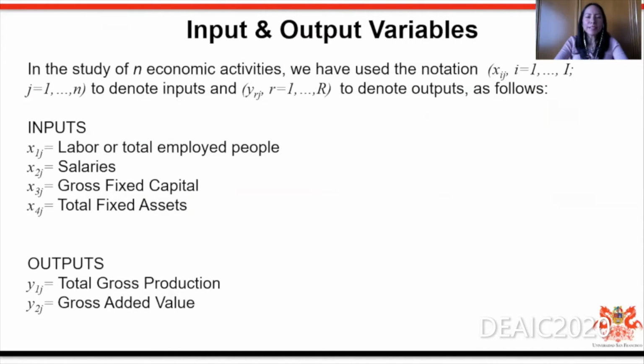So the starting point of this research is the choice of the appropriate variables considered as inputs and outputs for the performance evaluation of each economic activity in a region.